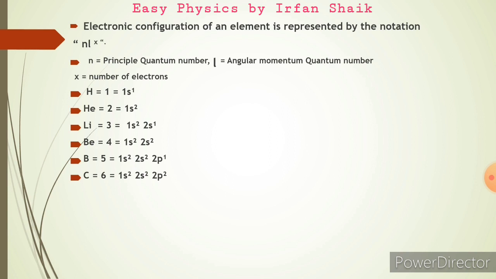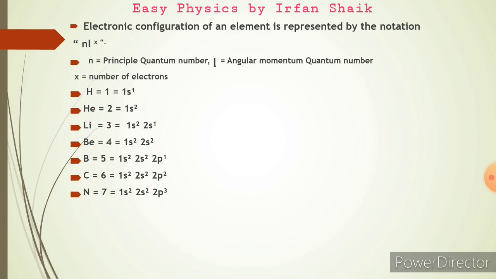One important thing that we need to remember is that the s orbital has place for 2 electrons, the p orbital has place for 6 electrons, the d orbital has place for 10 electrons, and the f orbital has place for 14 electrons. Next element is nitrogen, atomic number 7, having 7 electrons.